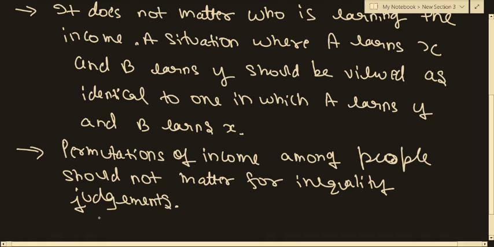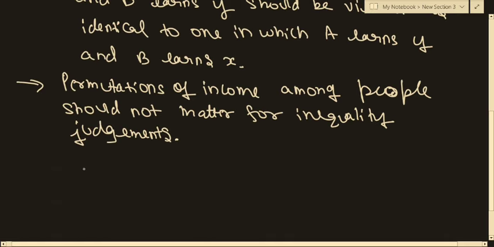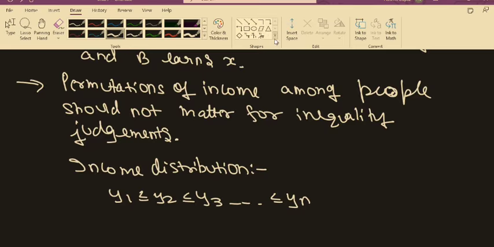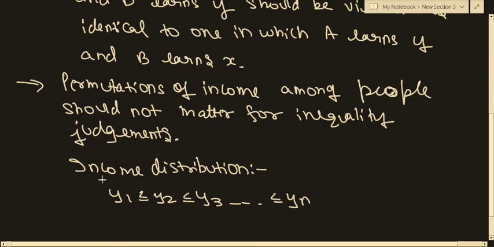So the permutations of income distribution should not matter for inequality judgments. Income distribution is denoted by y1 ≤ y2 ≤ y3 and so on till ≤ yn. This is our notation for income distribution.